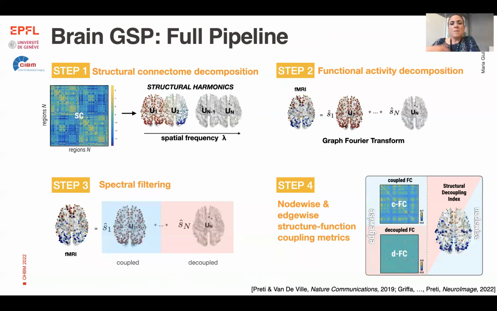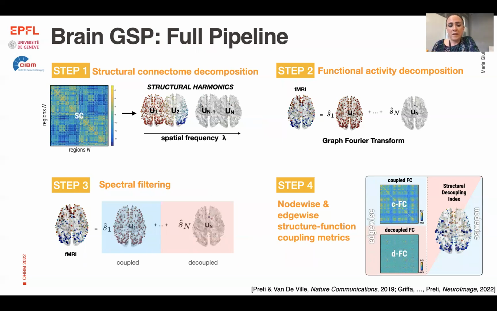Here we can summarize the full pipeline. We have first a decomposition of the structure to find structural harmonics that are purely structural. Then we take the functional signal and decompose it in terms of these structural harmonics, which is a graph Fourier transform that takes us into the spectral domain of the graph.